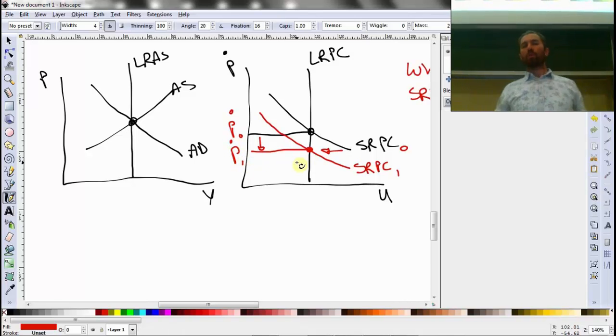What would lead to lower inflation expectations? Why would we lower our inflation expectations? And then, what would that look like in the ASAD model?